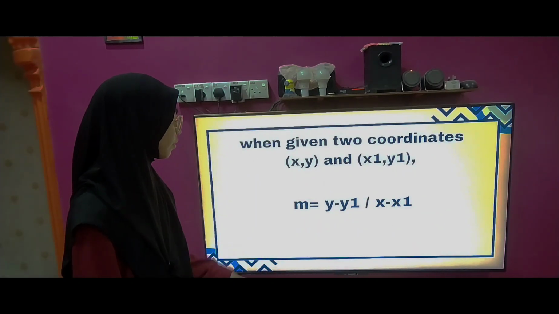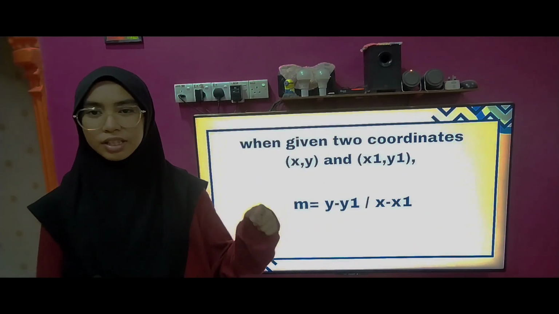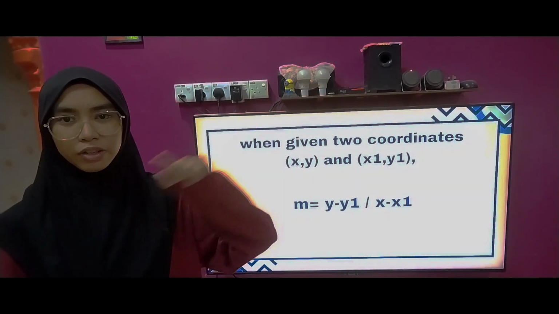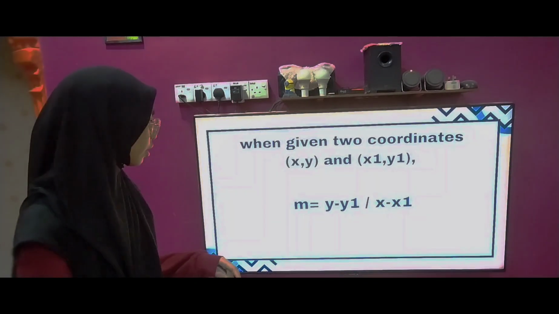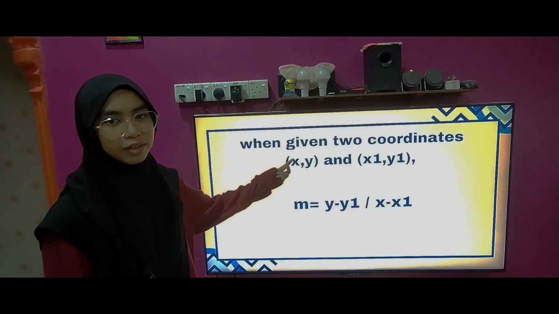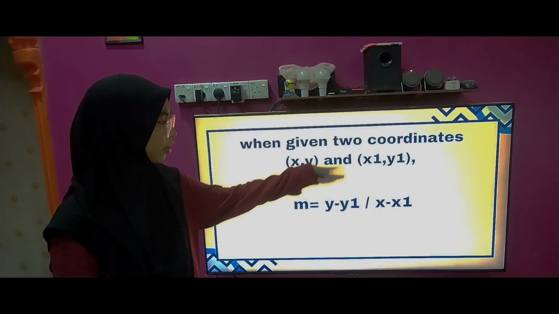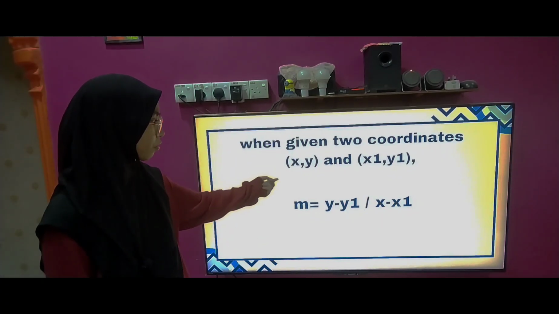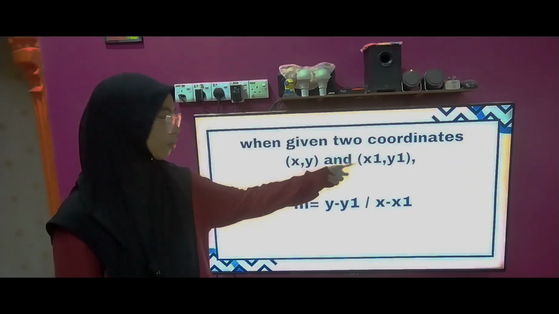When you're given two coordinates, which lie on top of your linear equation, you'll get whatever coordinate and whatever coordinate, which I'll just put here for now as x and y, and x1 and y1.